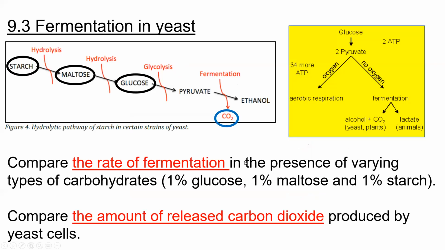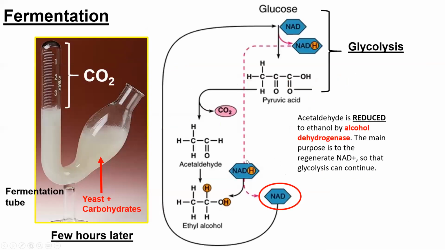Okay. For the yeast and fermentation experiment, you need to know the name of the device, which is a fermentation tube. In this fermentation tube, what we are supposed to do is test different kinds of sugar and see which sugar works the best for yeast.